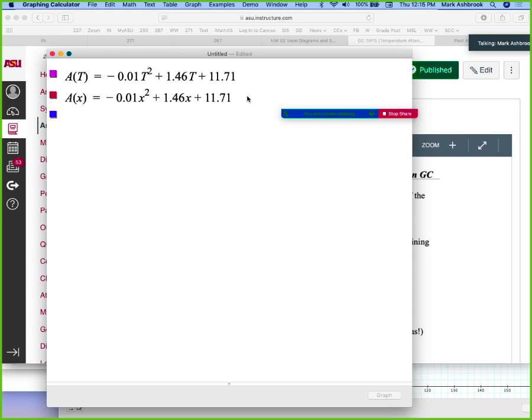Okay, so we could even do something like this. This is pretty weird. What about this? So in GC, that's a valid way to define this function.